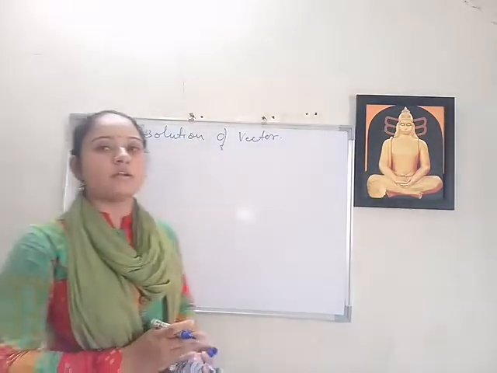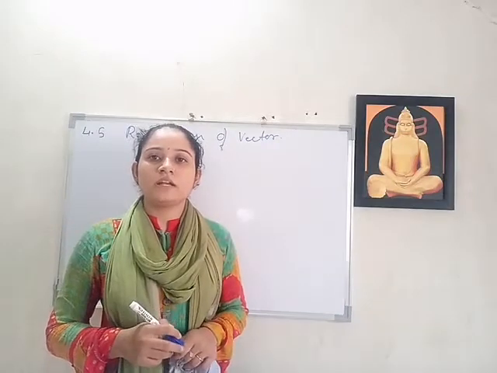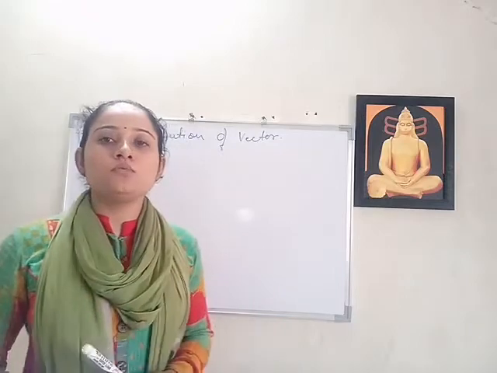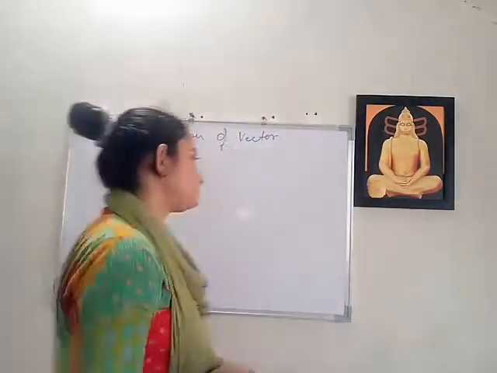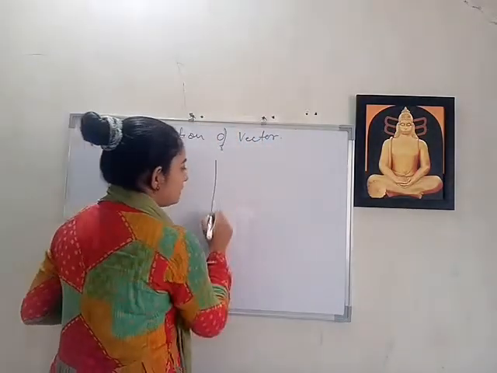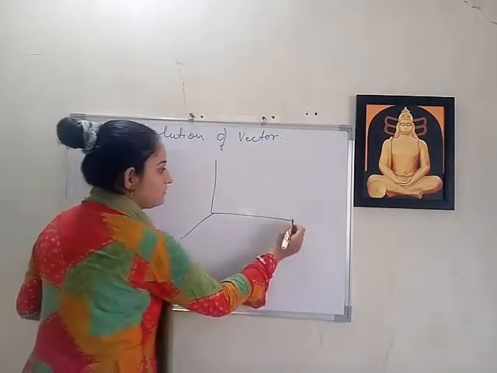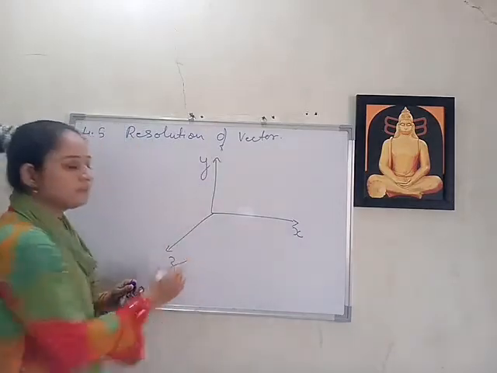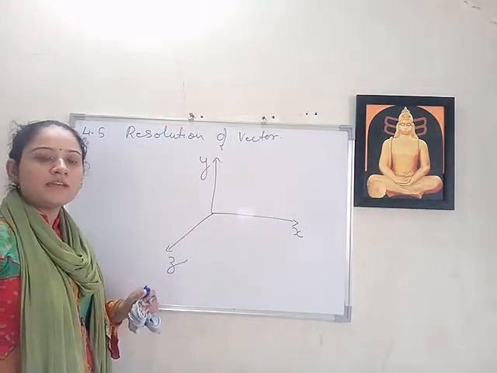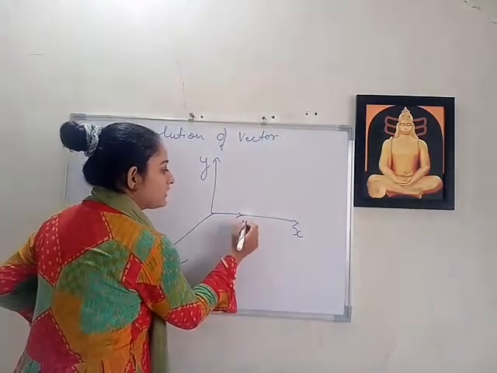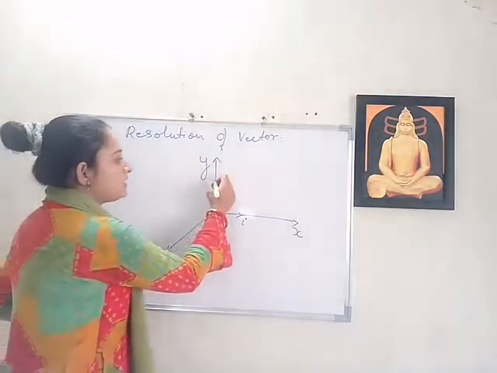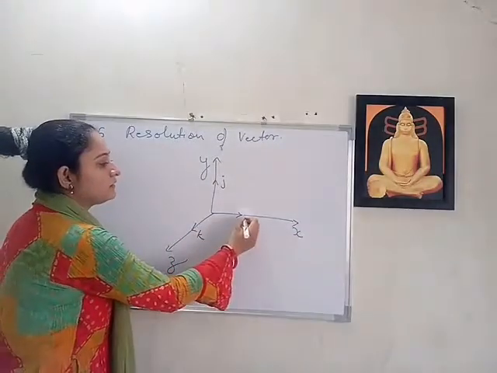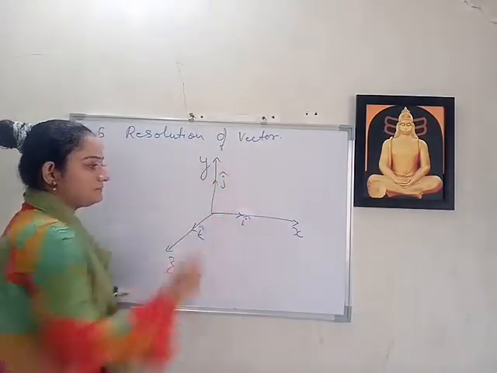Now we will have the coordinates, to see where the components i, j and k lie in the 2D plane or 3D plane, right? Say these are your coordinates: x-axis, y-axis and z-axis. We will always take i along the x-axis, j along the y-axis and k along the z-axis.